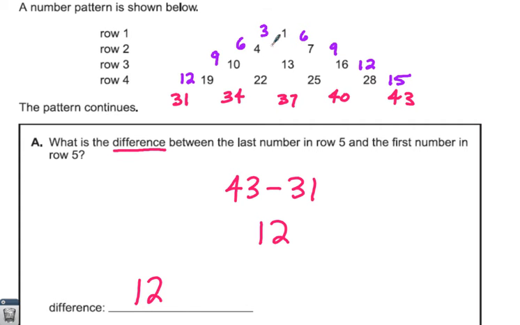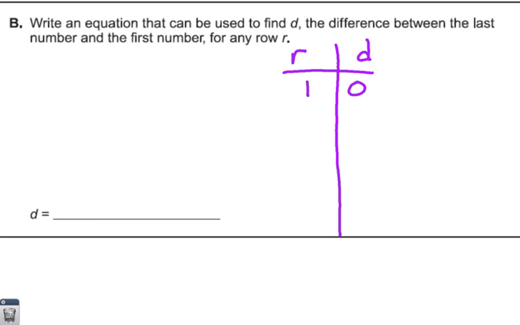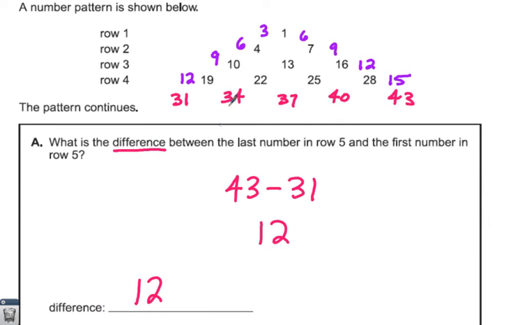Row 2, we're talking 7 minus 4 to be 3. So again, this column is the row number. When R equals 2, D will equal 3. And then when we're talking about row 3, when R equals 3, we got 16 minus 10.